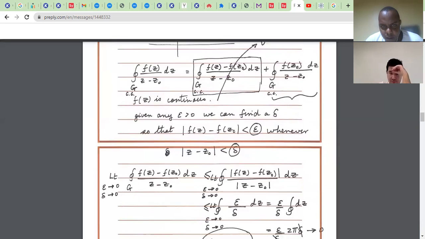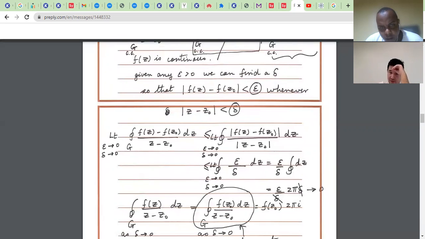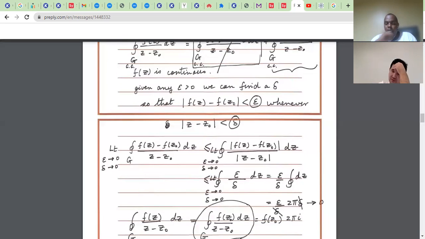So the distance equals the radius between f of z and f of z naught? Delta is the distance between z and z naught, but epsilon is not the radius. It can't be any point inside the curve.